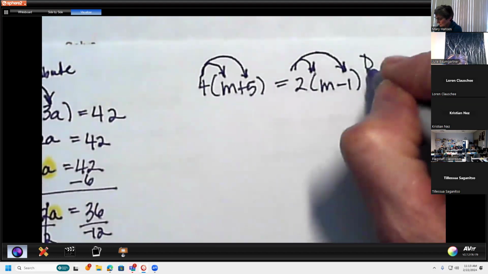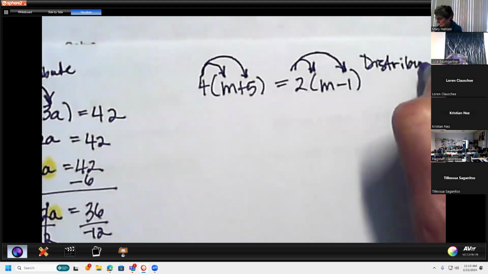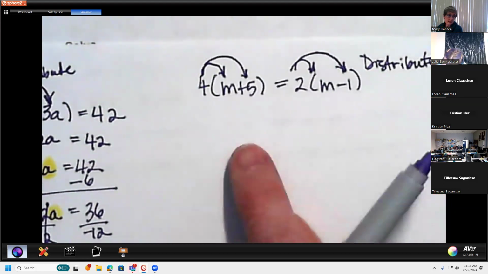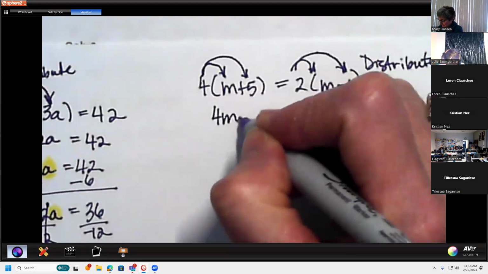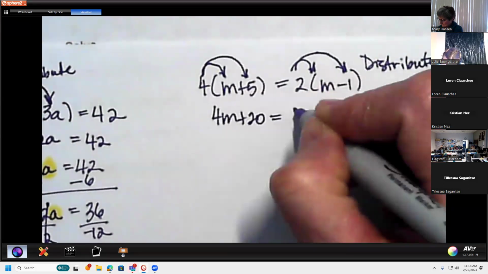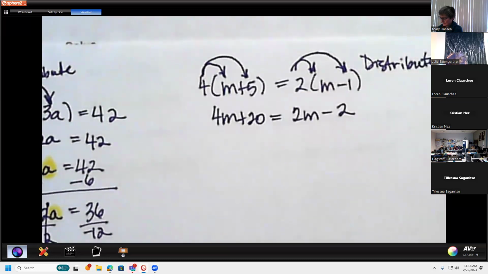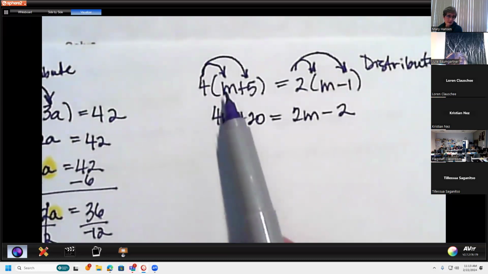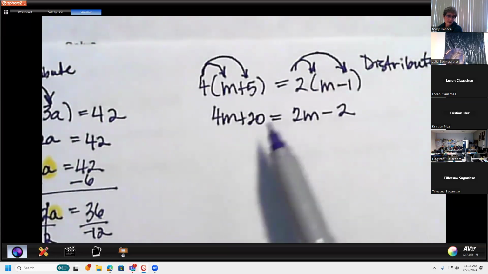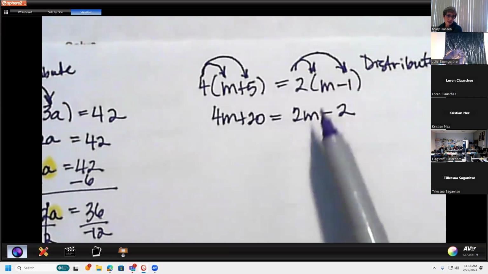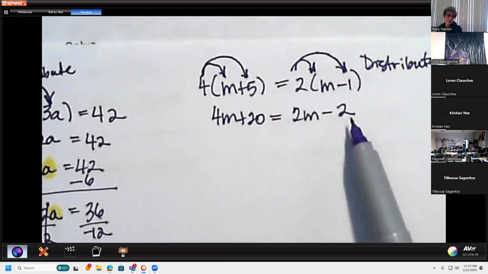We're going to distribute that number that's in front to each member of this group that's being added. So I took 4 times m to get 4m, 4 times 5 to get 20, 2 times m to get 2m, and 2 times minus 1 to get minus 2.